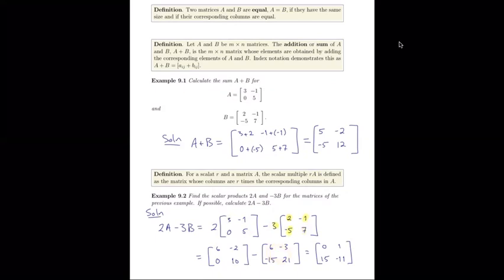Then we add them together using the definition we just saw above, and we get this result. So scalar multiples and sums of matrices leave us with this idea of linear combinations of matrices. We won't dig into that too far, but it's interesting to note that we can see this as a linear combination of the matrices A and B.